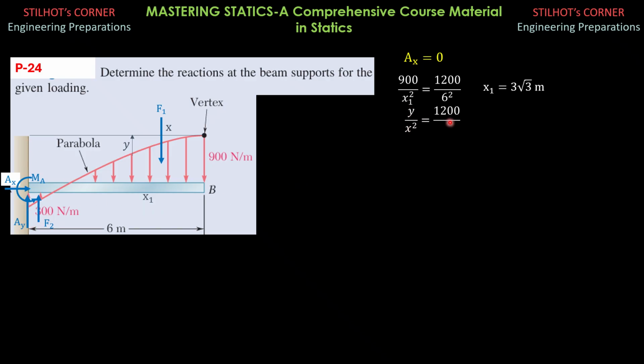So the equation of this parabola, positive in this direction, is y equals 100 over 3 x squared. Therefore, if we have a strip here, the height of that strip or loading would now be 900 minus y. And the thickness is dx, so we can evaluate F1 by integration as well as F2. Limits for F1 would be 0 to x1, which is 3 square root of 3.